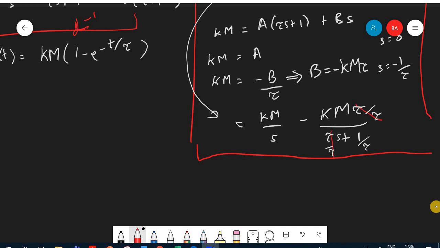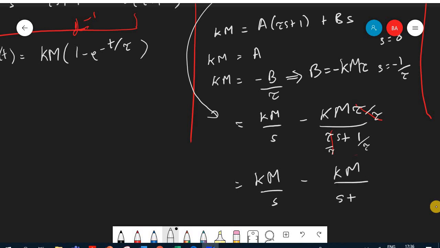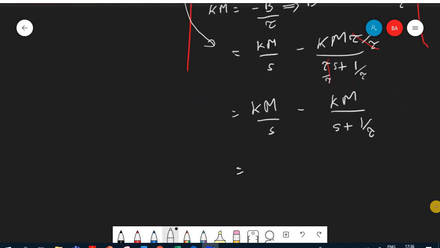Then my equation will be Km over s minus Km over s plus a, and my a is here 1 over tau. Now I'm taking the Laplace inverse.